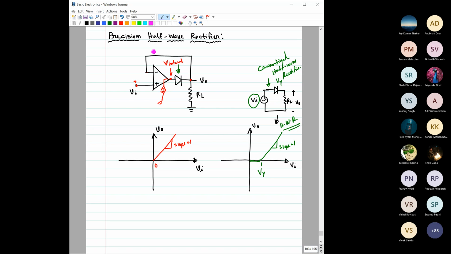Now let's see what will happen when this Vi becomes negative. When this Vi becomes negative, again you can easily guess, this voltage would now immediately become negative. So when this internal voltage becomes negative, this diode will not conduct any current. So this voltage would be fixed at 0 voltage only.